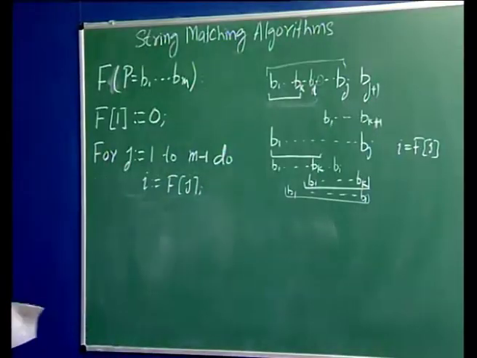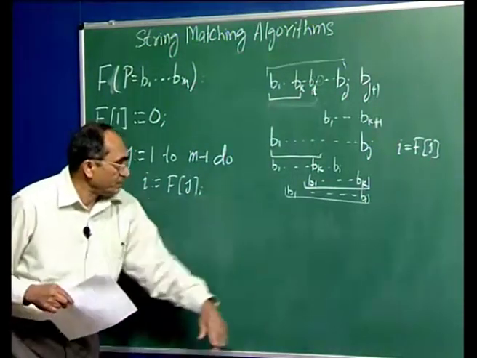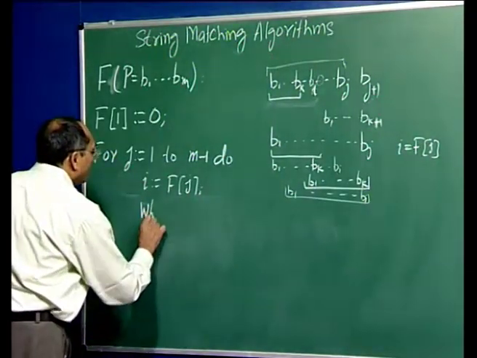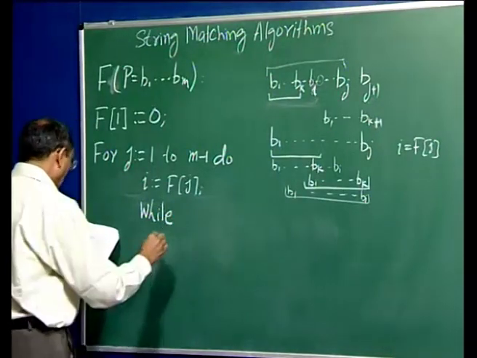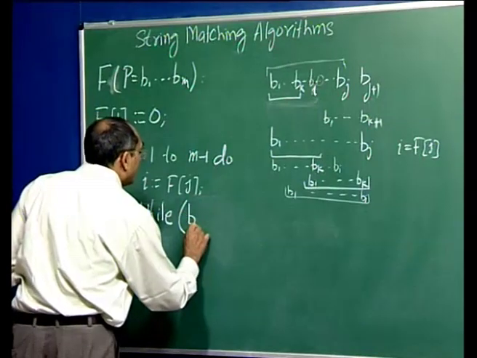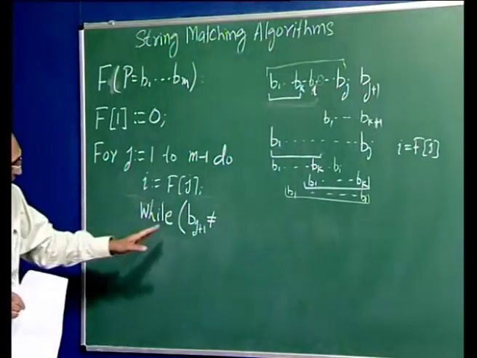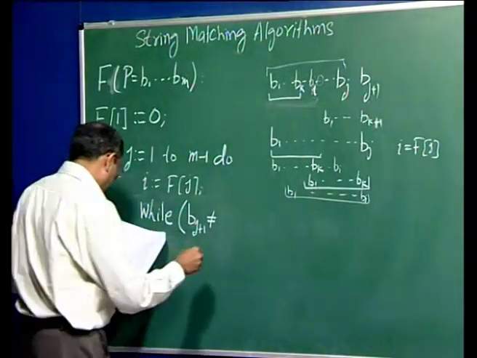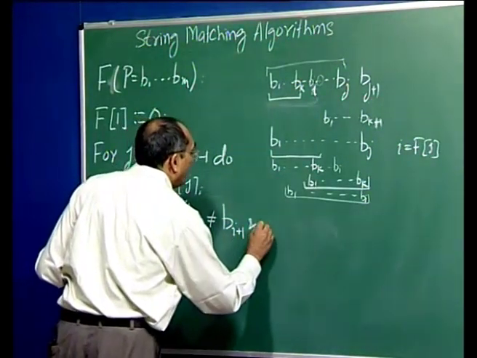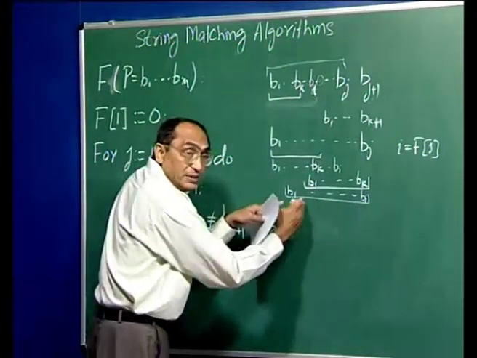Since these may take several iterations, we will have to put this in a loop. So, let us just say, while b j+1 is, so here is the final test, we are not succeeding in finding b I+1, and if I is still positive, the search strings are gradually shrinking.